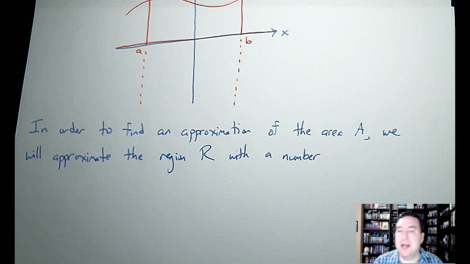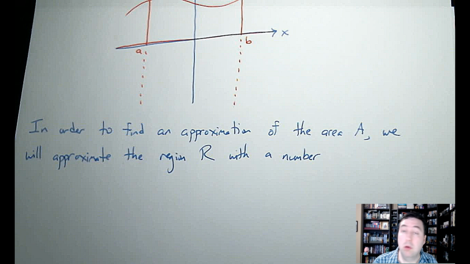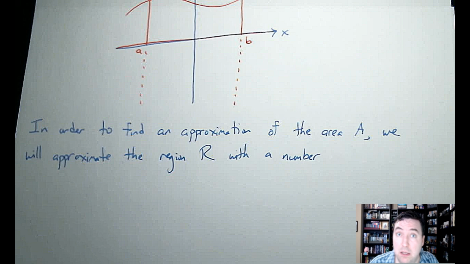And how many rectangles should we use? Well, that's something we're going to need to explore. Maybe we can get away with just a small number. That'd be great. Maybe we're going to need a whole bunch. So for now, let's just say a number n of rectangles.